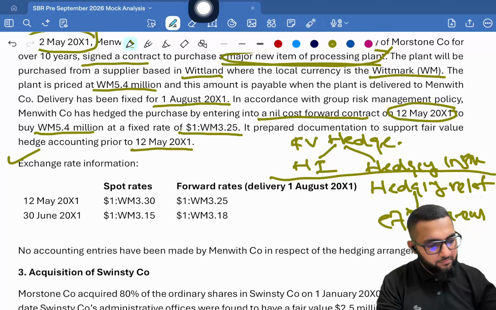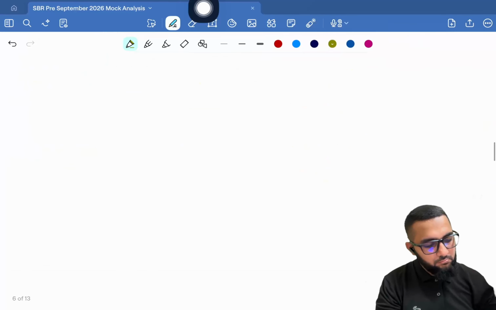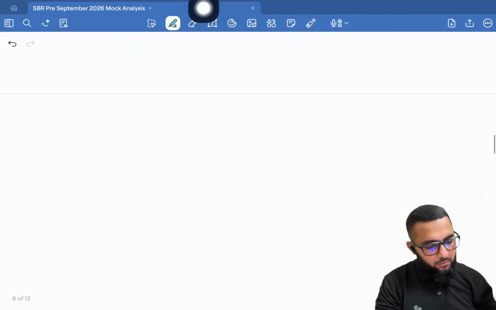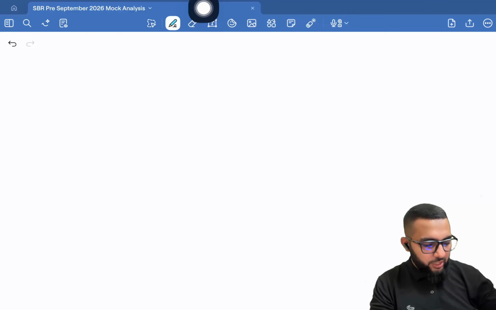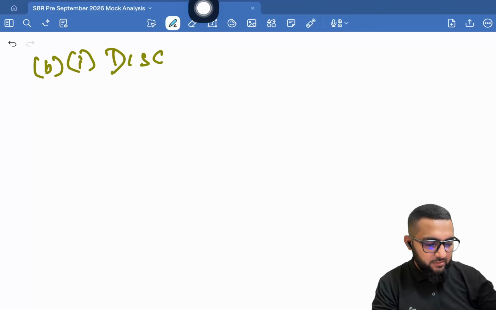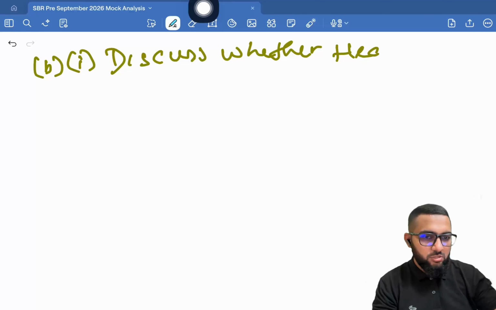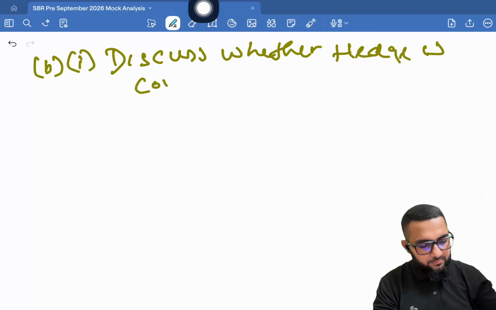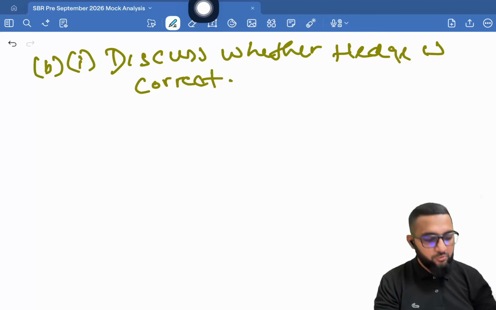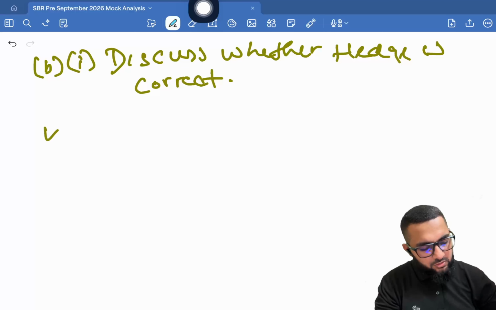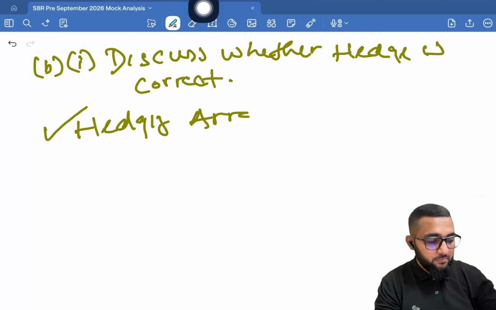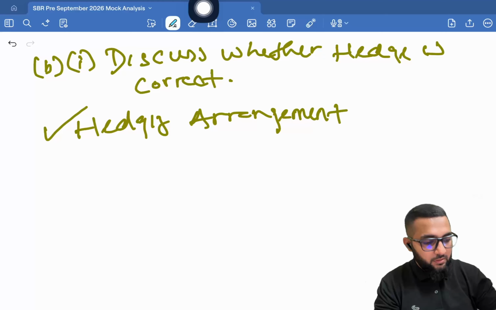Let me take a page. All right. So requirement B1: discuss whether the hedge is correct. This is what you're supposed to do. So you just speak about how you start a hedging arrangement. It is a risk management mechanism.